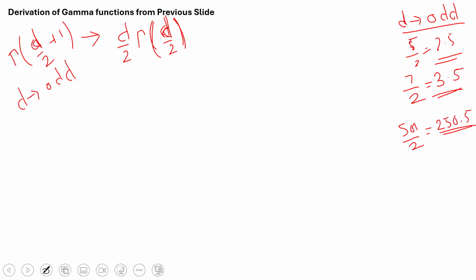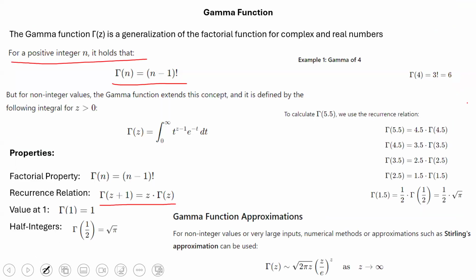That is how d by 2 actually looks. Look at this 0.5. How did we solve 2.5? We are just converting that down to the value gamma of 0.5.